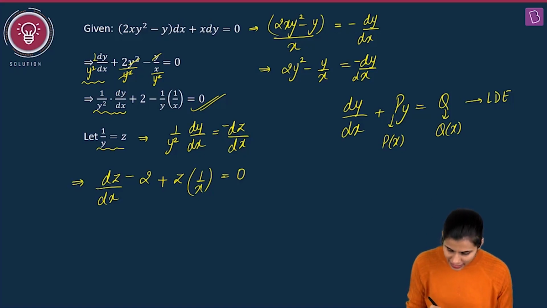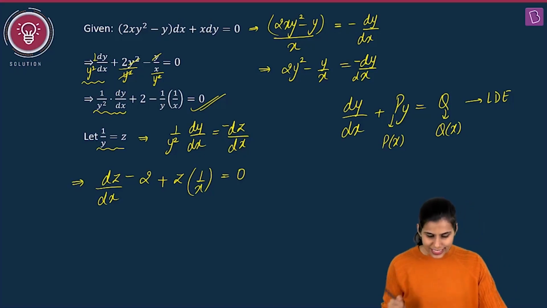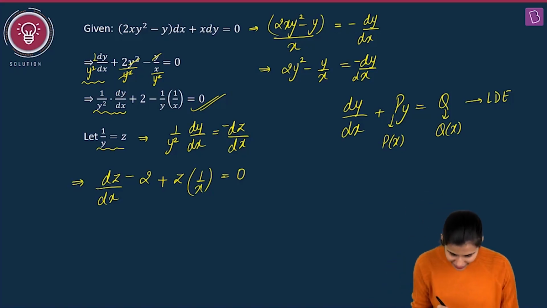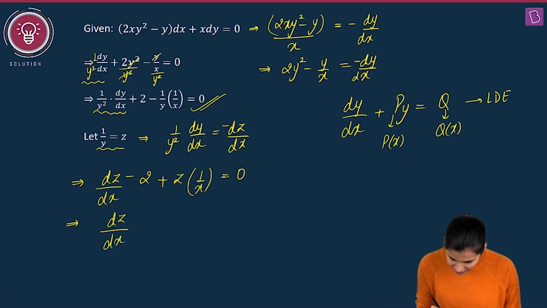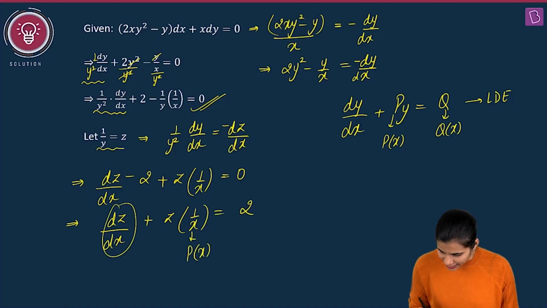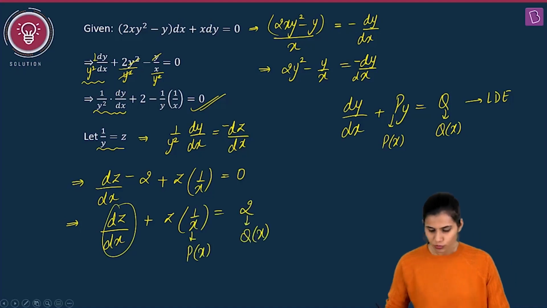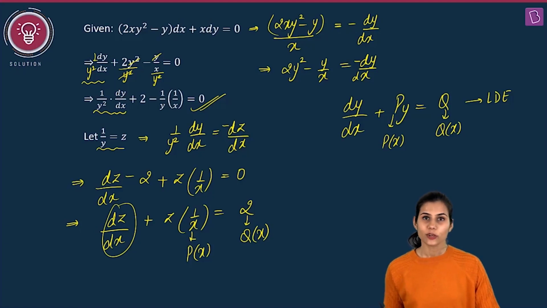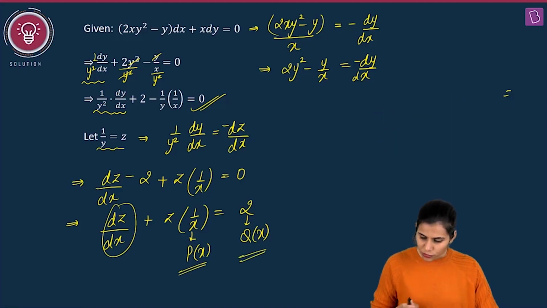I can write this as dz by dx plus 1 by x into z equals 2. This is my linear differential equation where the role of p is being played by 1 by x and the role of q is being played by 2. You already know how to solve it.